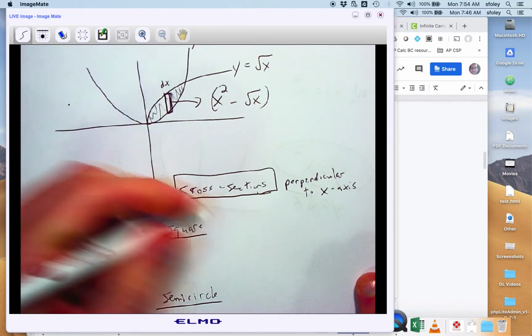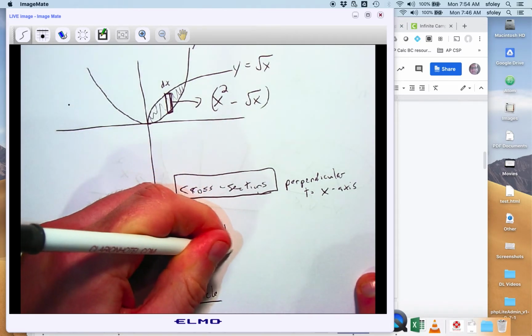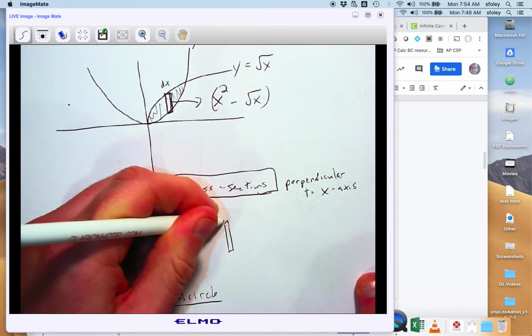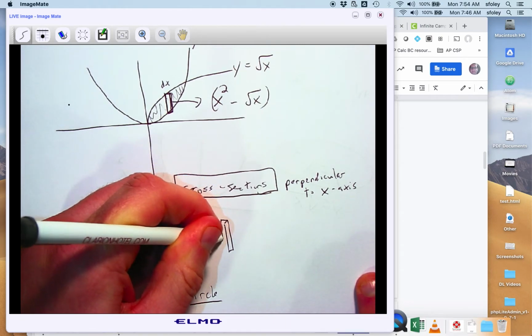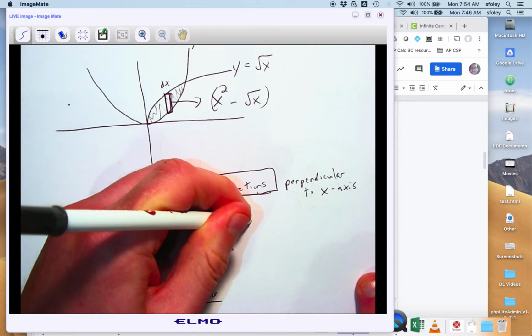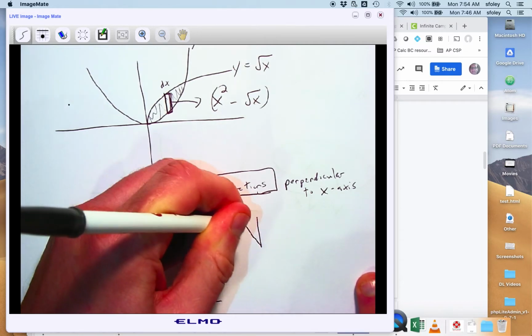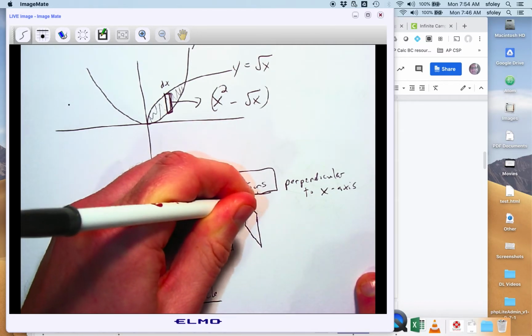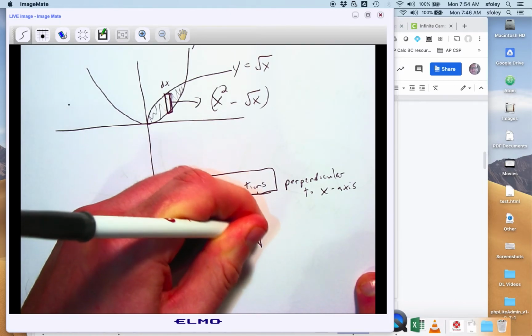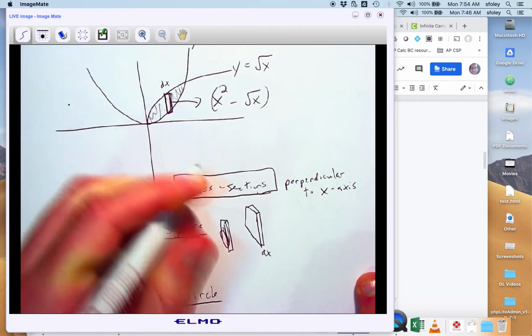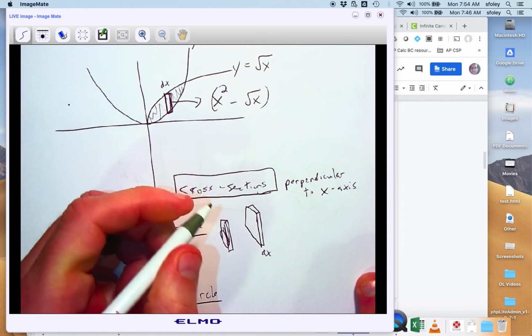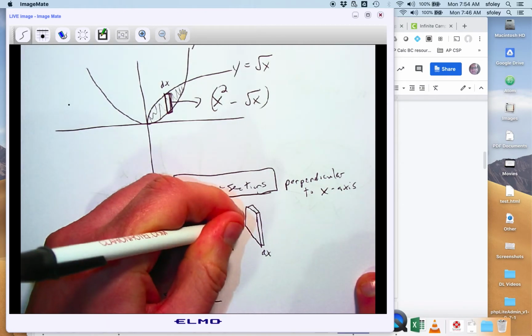So we've got squares. And so the idea is we've got that dx rectangle. And then I was doing so well on my pictures. So we've got these squares, and that little thickness is dx. And so we need to find the volume of this little box shape. How long is this side?